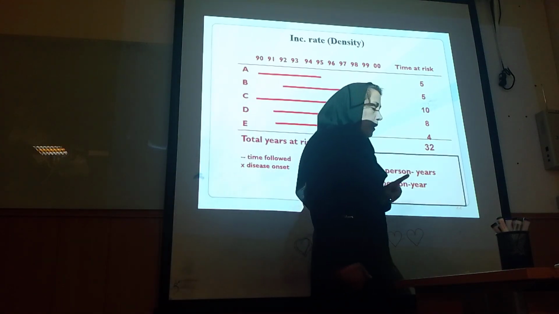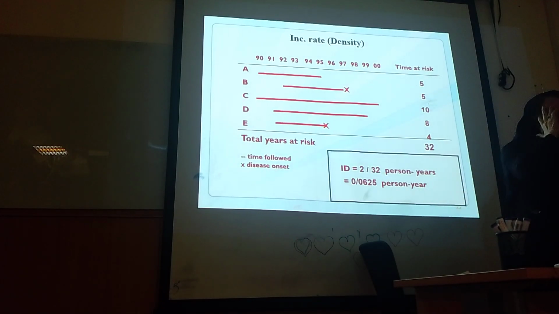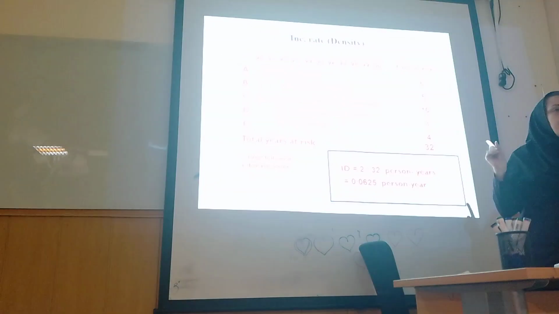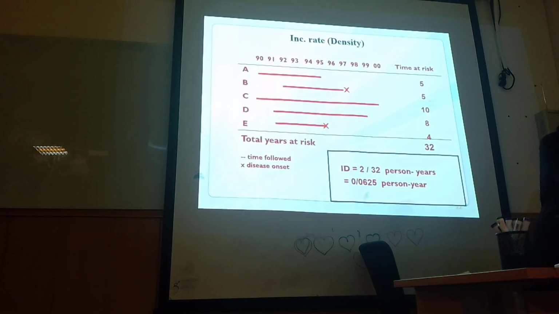But it is so important, and if you review the articles, you can find these kinds of incidents. It is wrongly named as incidence rate, but it is not a kind of rate.